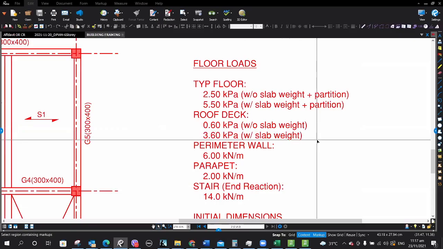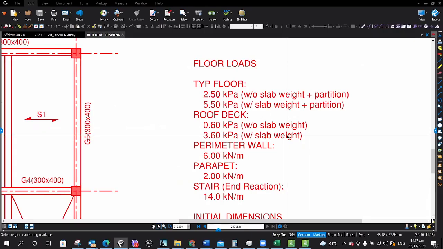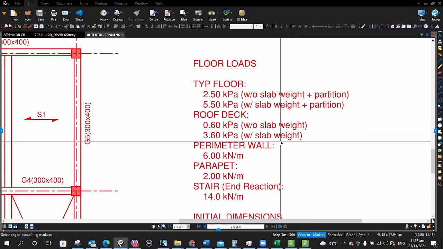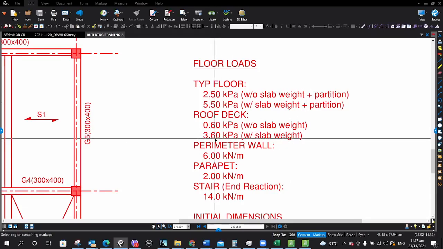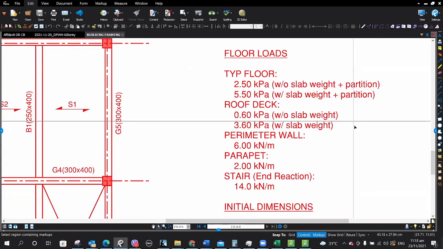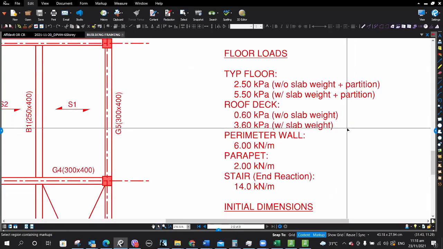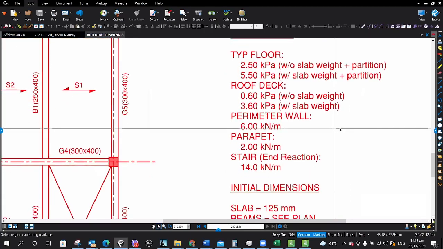Now, if we consider the self-weight of the slab, assuming the thickness of the slab is 125 or 150, you add 3 kilopascal, it will increase the area load to 3.6. That is considering the slab weight.